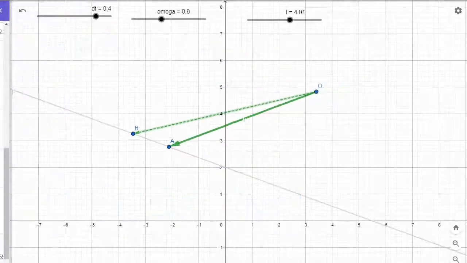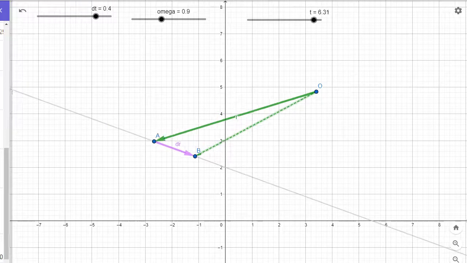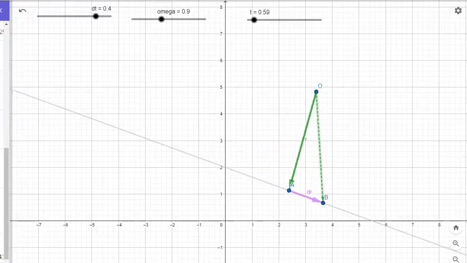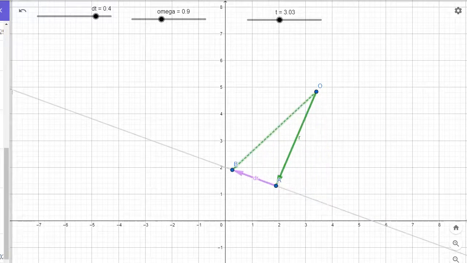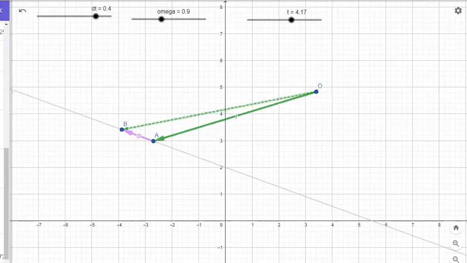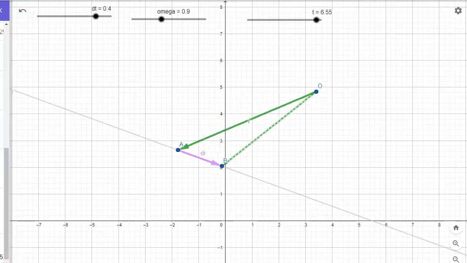All right, we're back in the animation now, and why don't I just put in the difference vector? There it is, that purple one right there. I call it dr on the screen here, but you see it's the vector going from the current location to the future location.